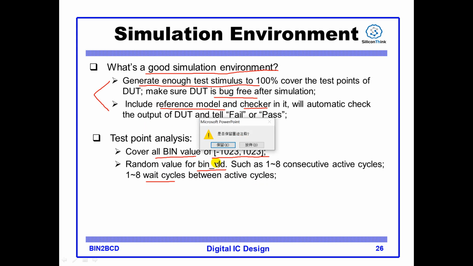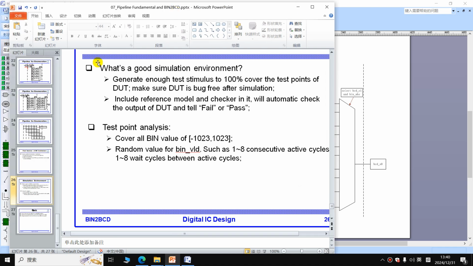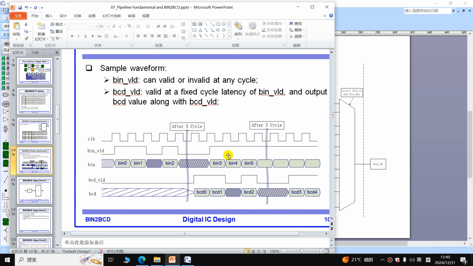That means you can have 1, 2, or 3 or more consecutive cycles for valid, and you can have 1, 2 or more consecutive wait cycles for valid.